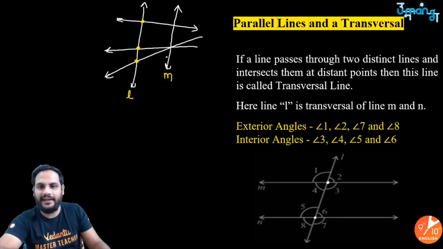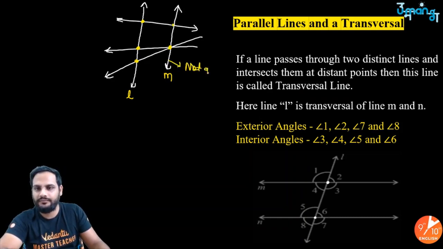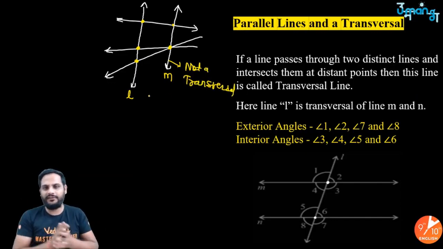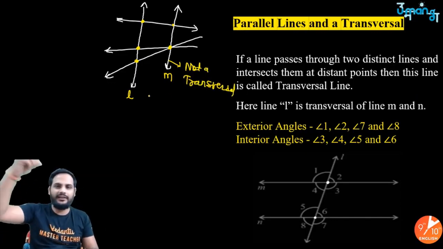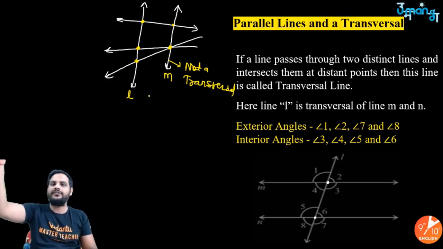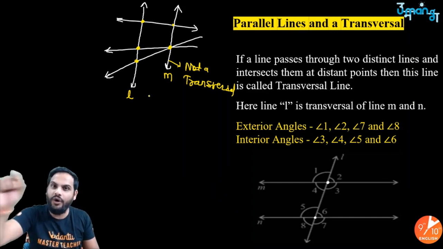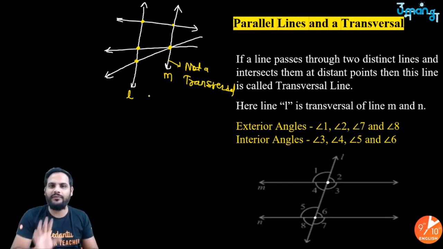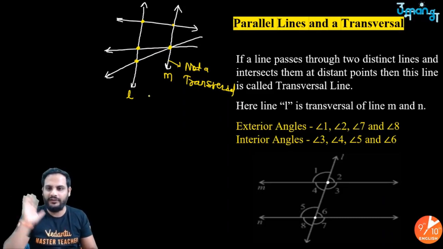But line M has a common intersection point for two of these lines, so this is not a transversal, and L is a transversal line. So if there are 2, 3, 4 or 5 lines, whatever the number, a transversal line will intersect all those lines at different points. That is the most important thing. Got it? That is the meaning of transversal.